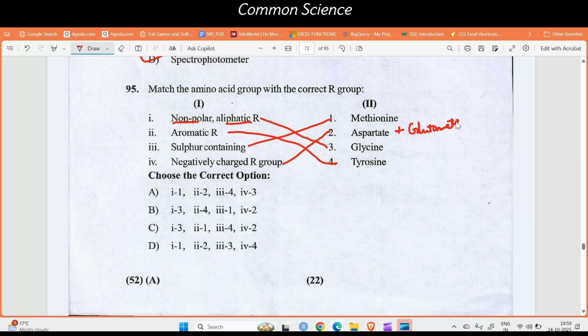Positively charged amino acids are histidine, lysine, and arginine. Okay, what is the correct option then? One matches with three here, and then two matches with four. Okay, option B is the correct answer.